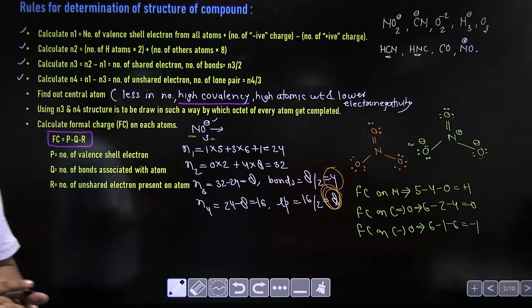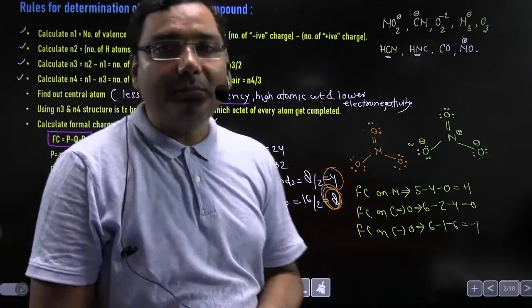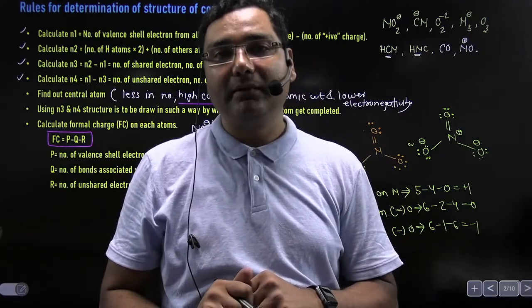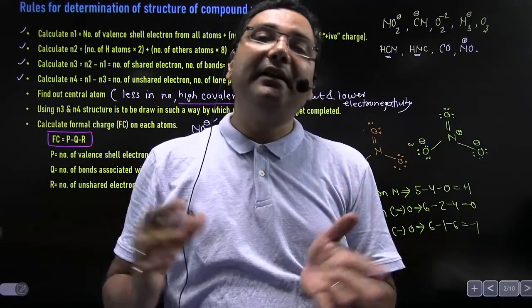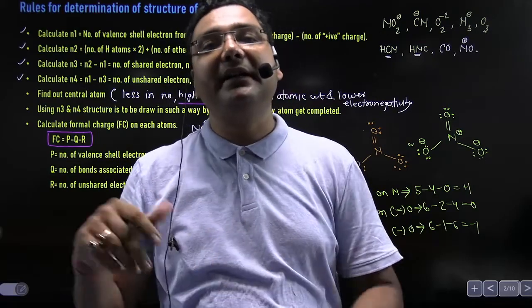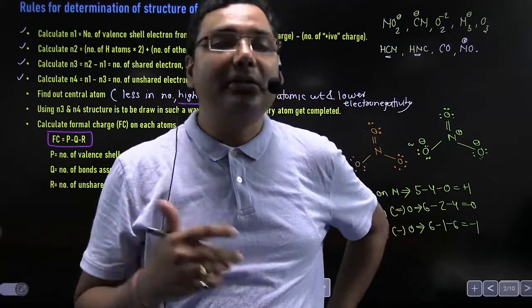This rule is basically important for those compounds in which the central atom is from the second period. If the central atom is from the third period and onward, this rule is not applicable.